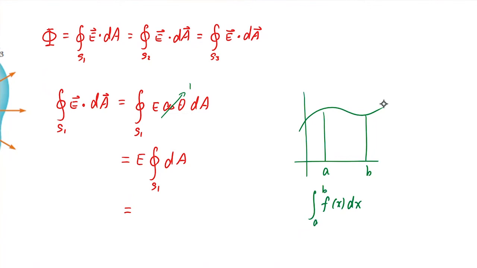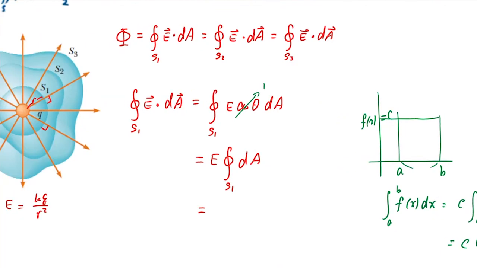But what happens if our function is constant? Then we'll just call it C, so it's C times the integral from A to B of dx. Is it the same as C times B minus A, also known as this length? It's the area of a rectangle after all, so the height times the width.